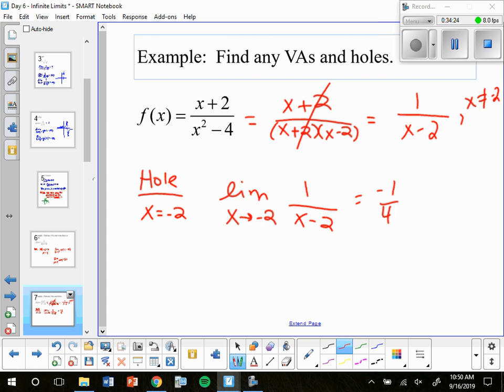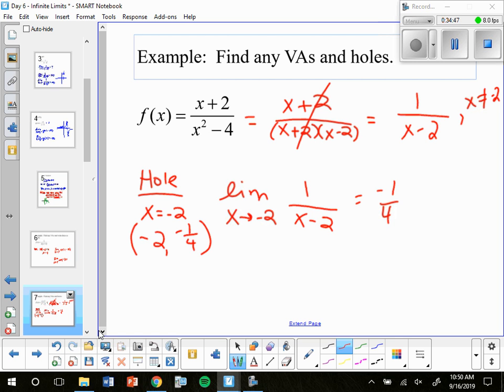Yes. I'm approaching negative 1/4. So I have a hole at negative 2, negative 1/4. That's my removable discontinuity. Do you see how I literally removed it from my function? I took it out, but it's still there. Still, there's not a point there.